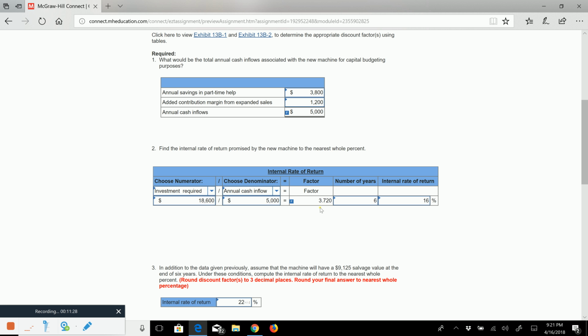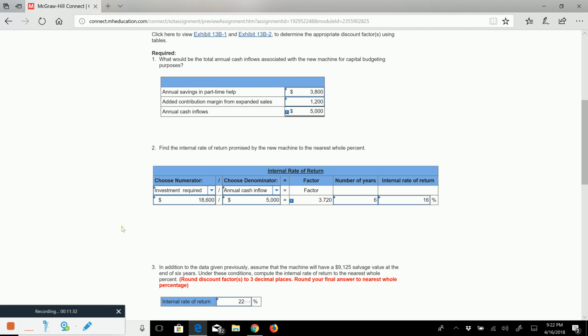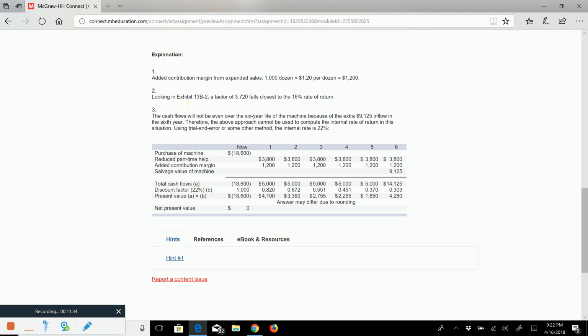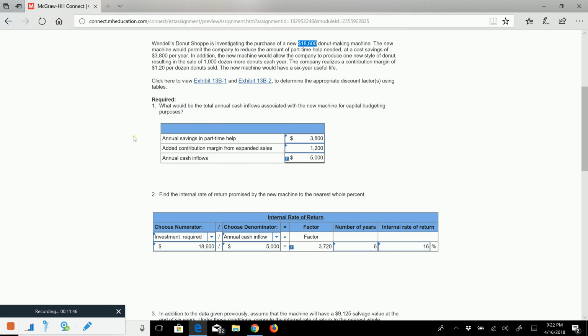What we get is a factor, 3.72. And what we're going to do is look at our present value of an annuity table. This is a 6-year useful life.